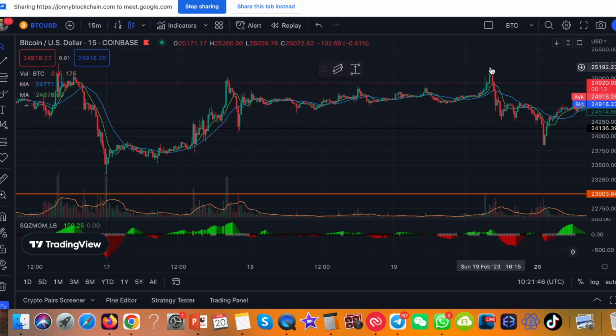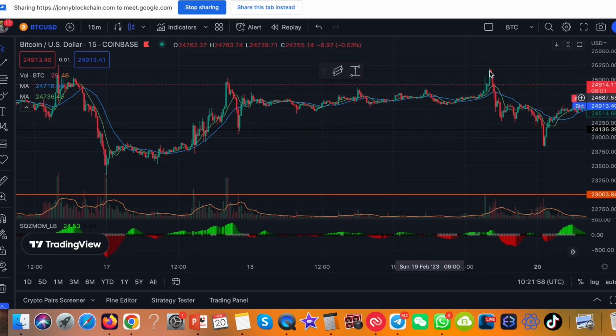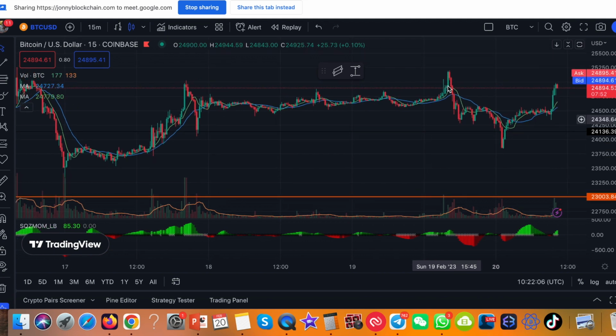Well, your bot would want to start based on that setting in here, if the price goes up by 0.1, and obviously you can change that for whatever you like. In this case, the bot wouldn't start because the price never went up. So it wouldn't buy this lot 0 for a long time, until the price goes above this point here. You've missed out on all this profit here.